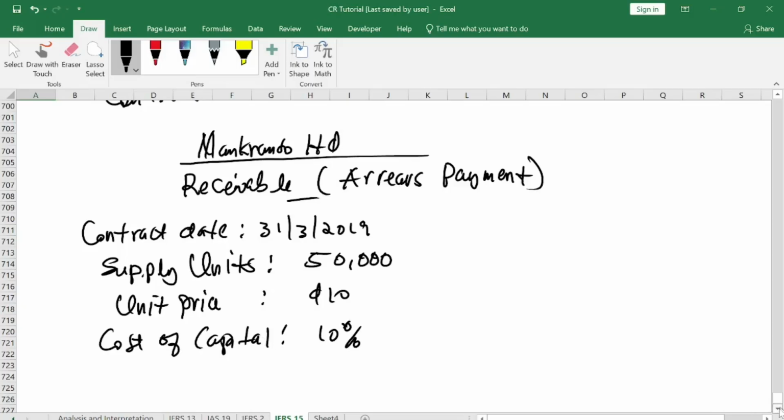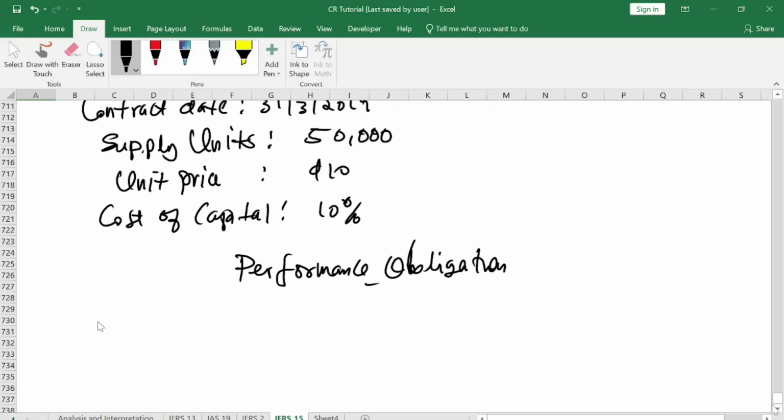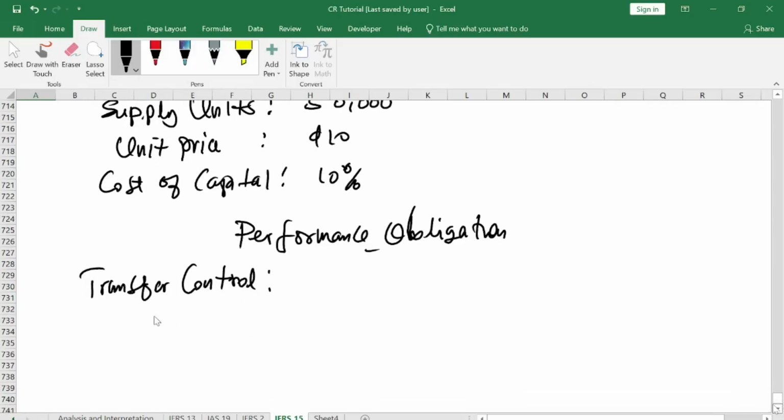So here you say performance obligation. This is a summary. So what's the performance obligation? In here, there is a transfer of control of the goods. Mancranso Limited made delivery.